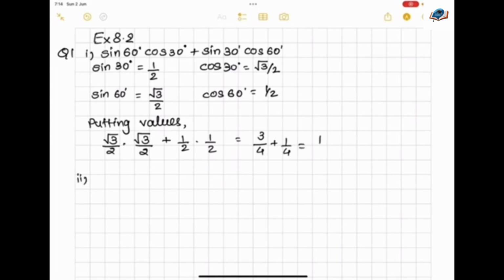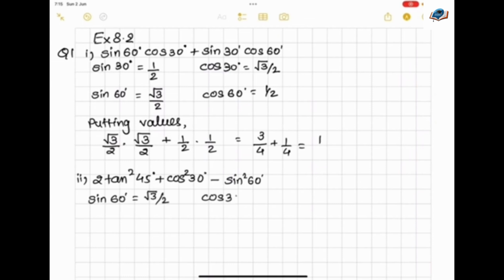Now the second one is 2 tan square 45 degree plus cos square 30 degree minus sine square 60 degree. Again sine 60 equals root 3 by 2, cos 30 is root 3 by 2, and tan 45 is 1.